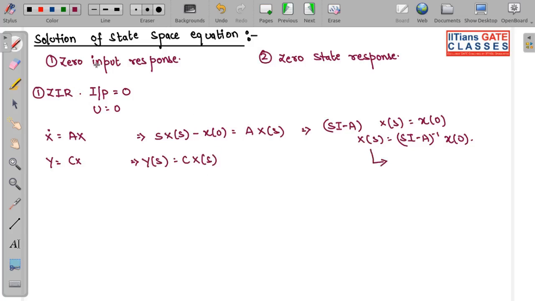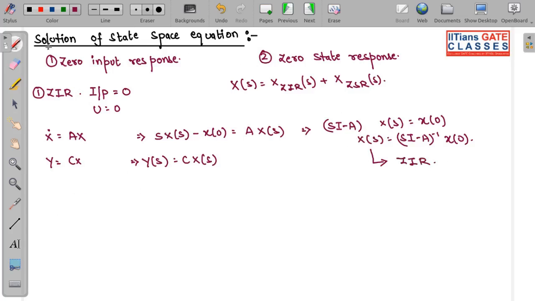Once we have the zero input response and zero state response, the total X(s) will be the contribution of zero input response plus zero state response. We can at the end write the output using the equation y = Cx + Du. But first let us find this X. So this is your zero input response equation we have found out.